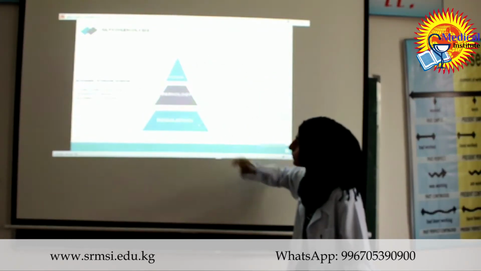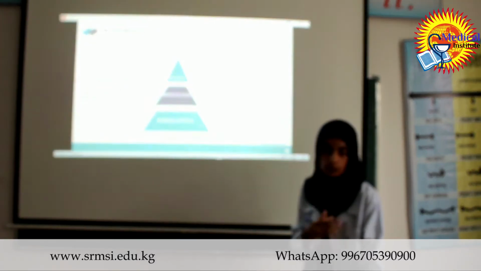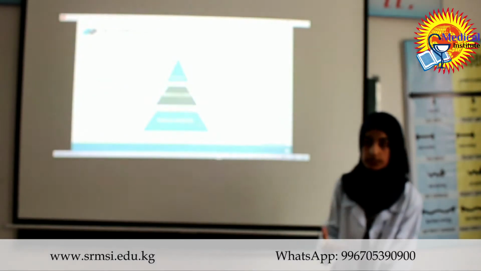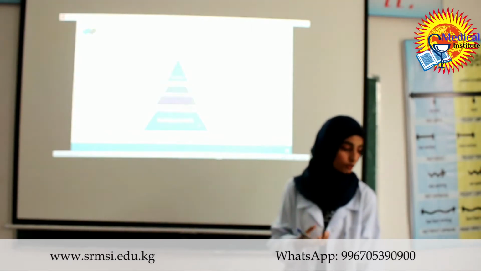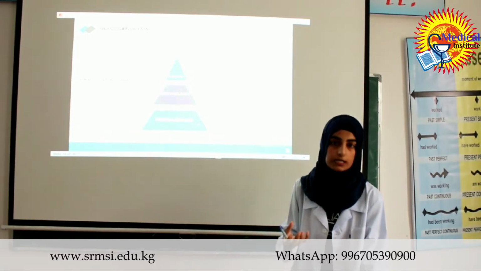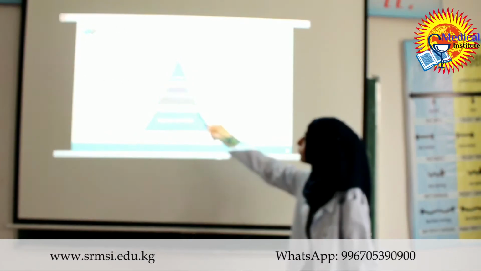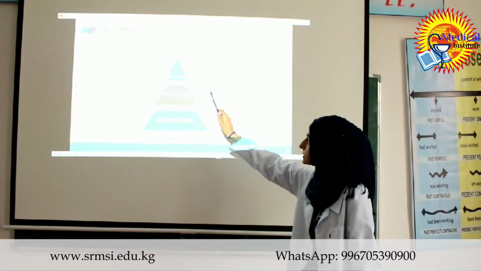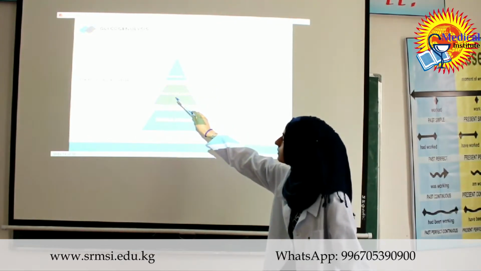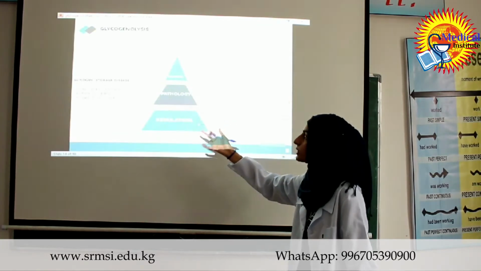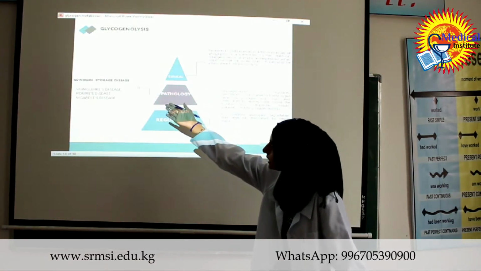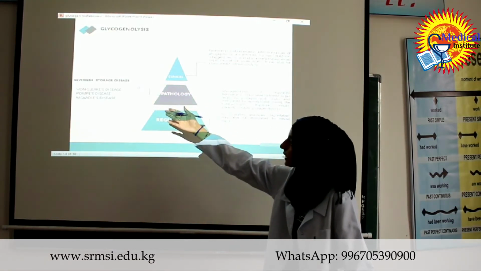Second, there are pathological conditions, the glycogen storage diseases, in which glycogen accumulates too much in our cytoplasm and is not broken down by the enzyme, causing Von Gierke disease, Pompe disease and McArdle disease.